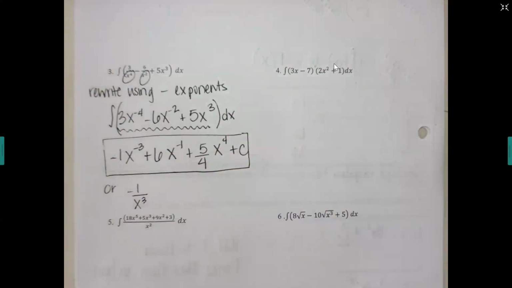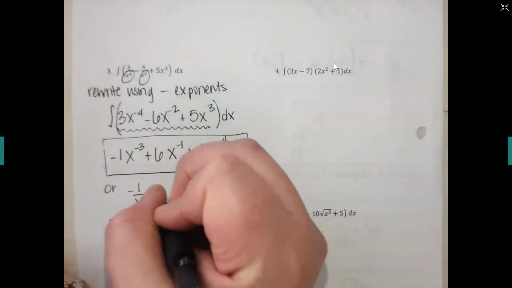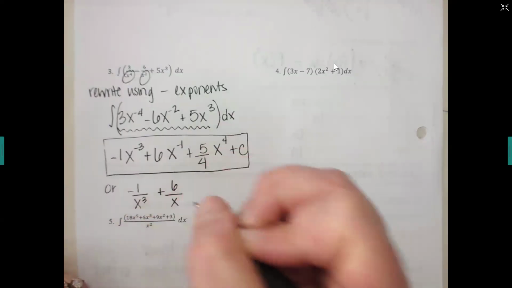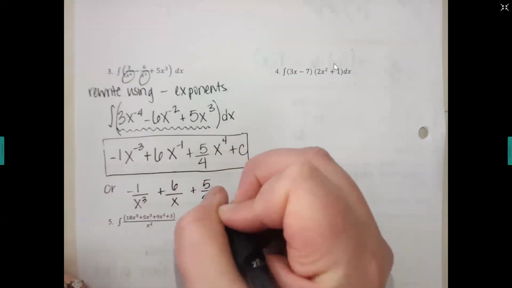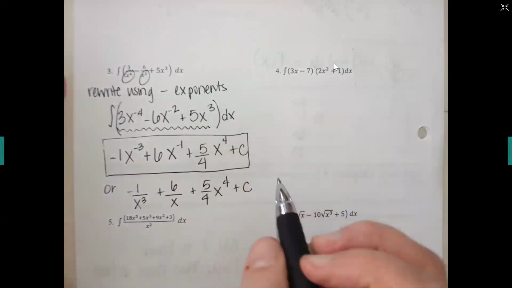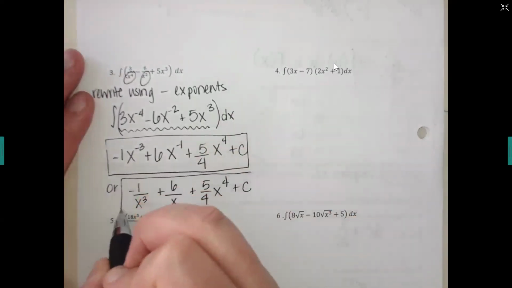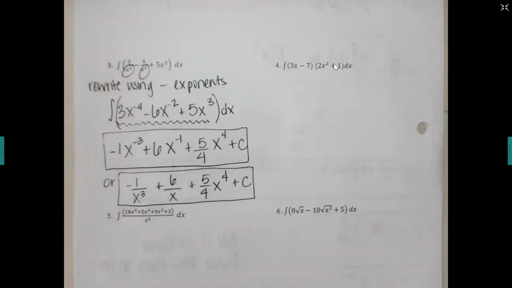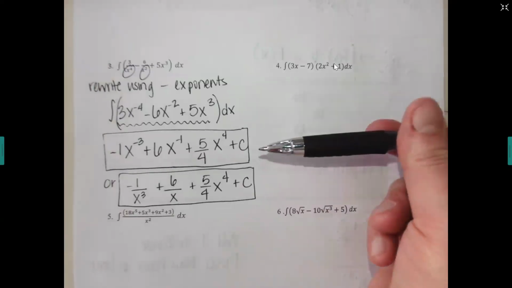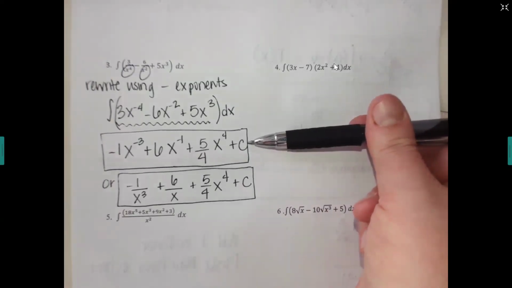If it's a 6x to the negative 1, that's a 6 over x. And then a 5/4 x to the 4 plus c. Okay. But for your Delta Math, that first one is fine. It's really just more AP style questions. They wouldn't let you leave it like that.